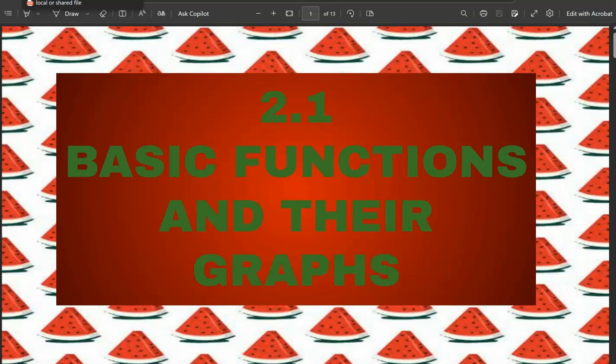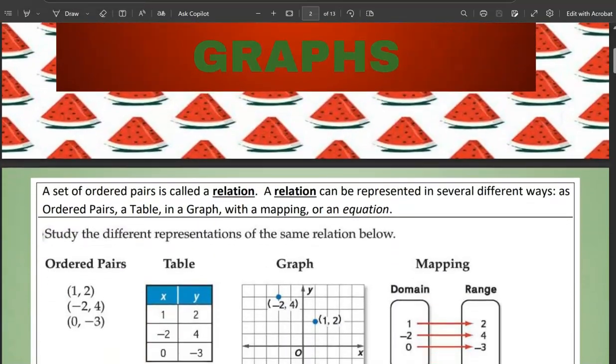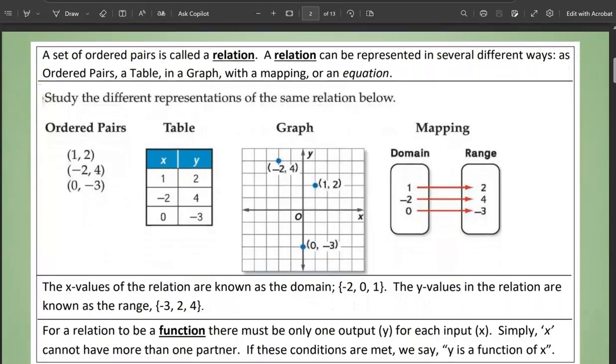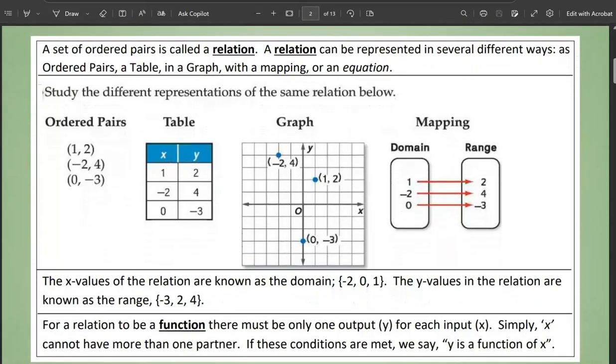All right, hi there. Today we're going to look at 2.1 basic functions and their graphs. And so first off, what is a function? Well, a function can be a set of ordered pairs, and we can see those ordered pairs as called a relation.